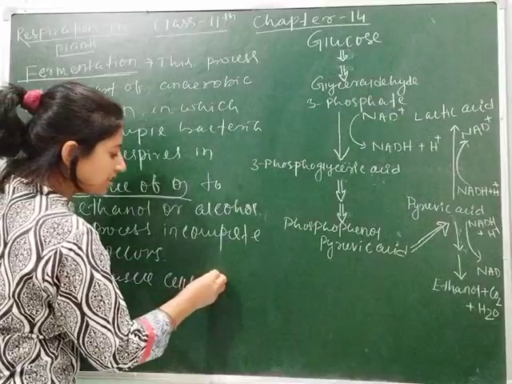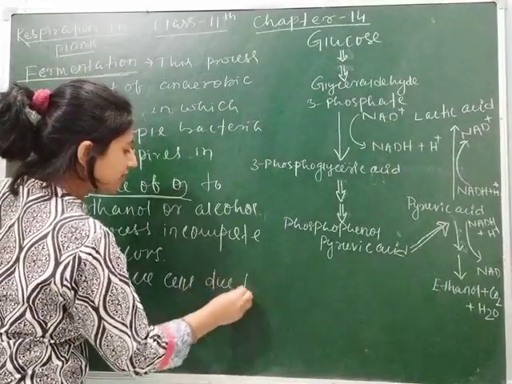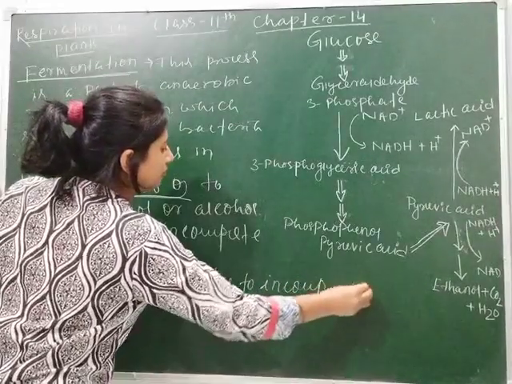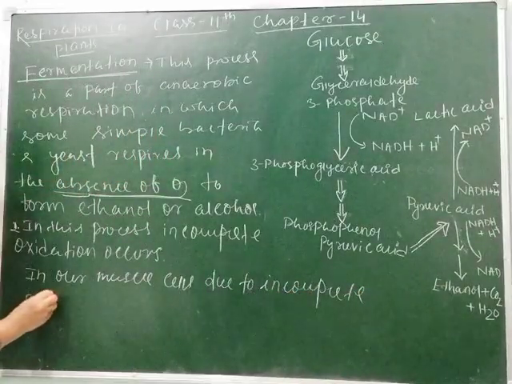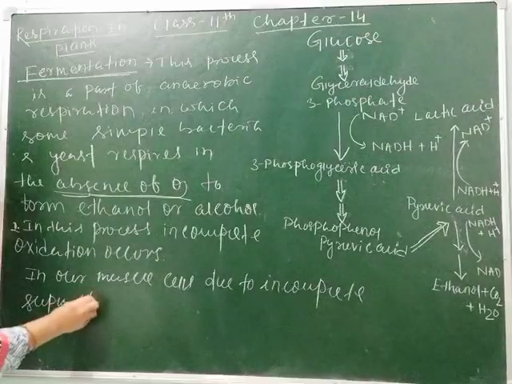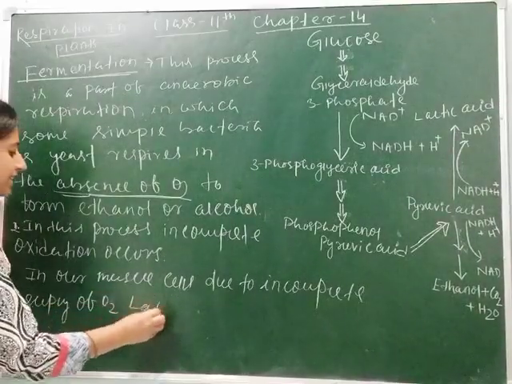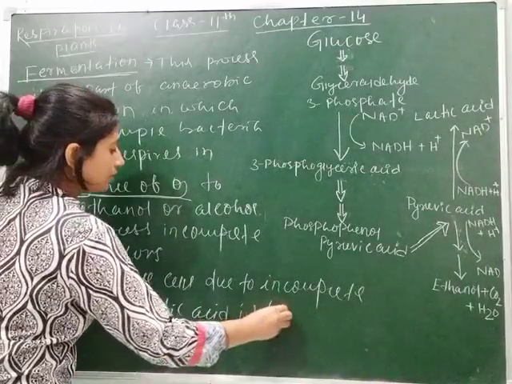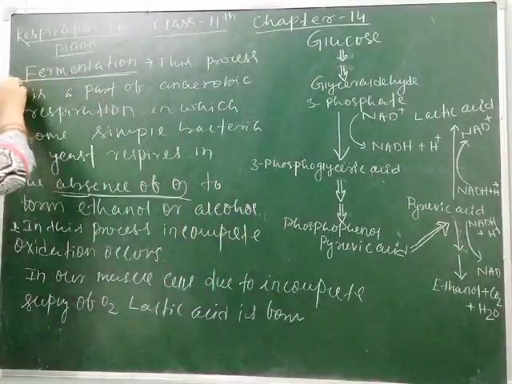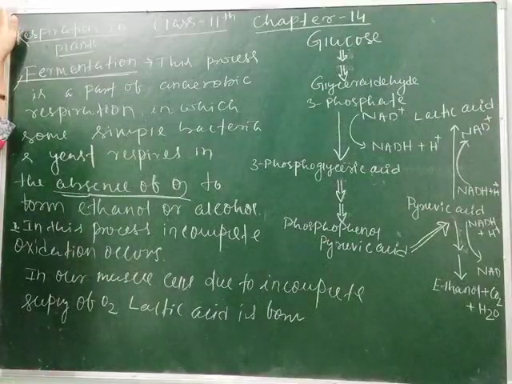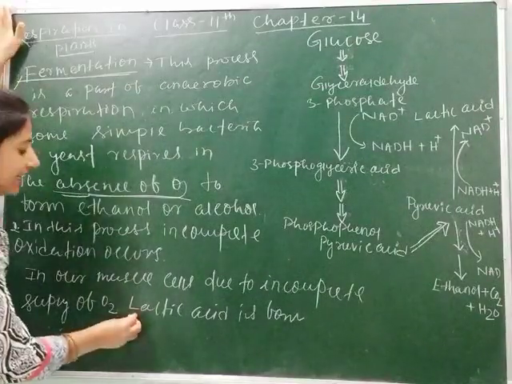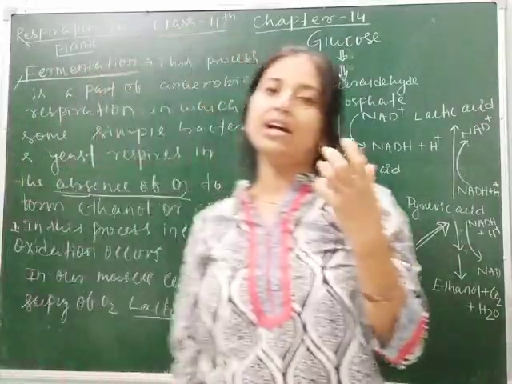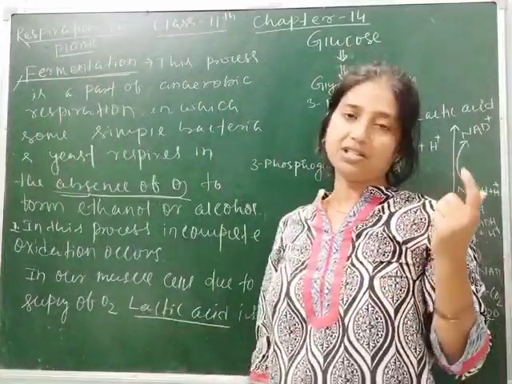Due to incomplete supply of oxygen, lactic acid is formed. So overall in fermentation, we will study how ethanol and lactic acid are formed with the help of simple celled organisms and in muscle cells.